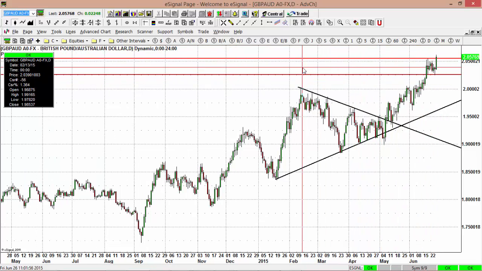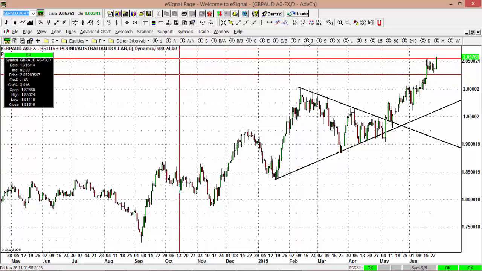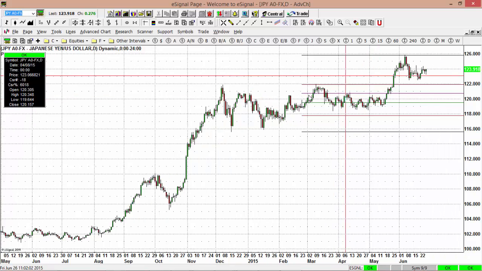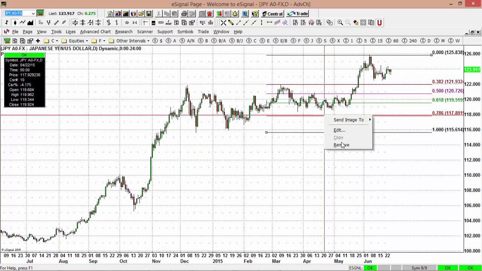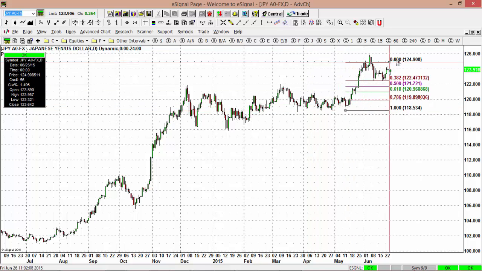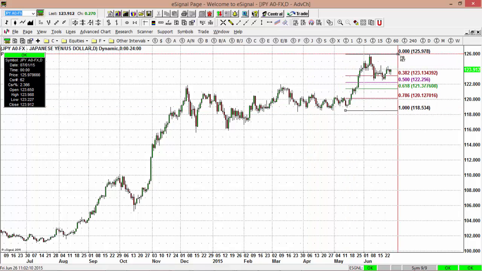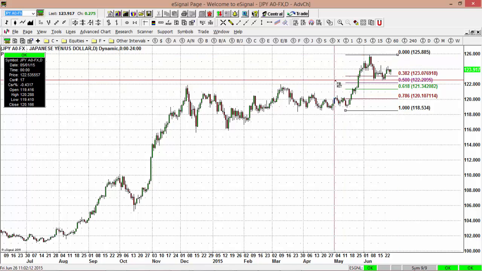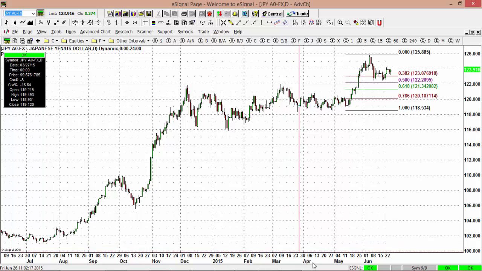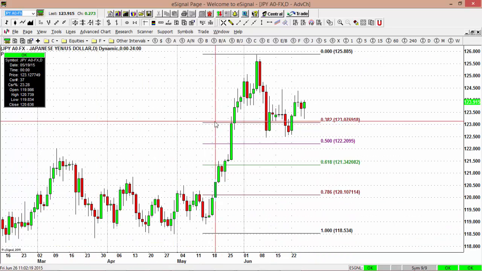Okay, taking a look at our Japanese yen, let me just draw the Fibonacci retracement. The market pulled back to just above the 50% Fibonacci retracement and is currently attempting to rally. This rally is not very strong so far.